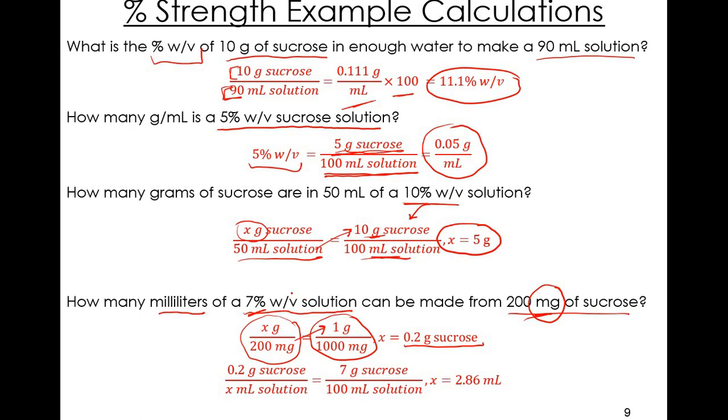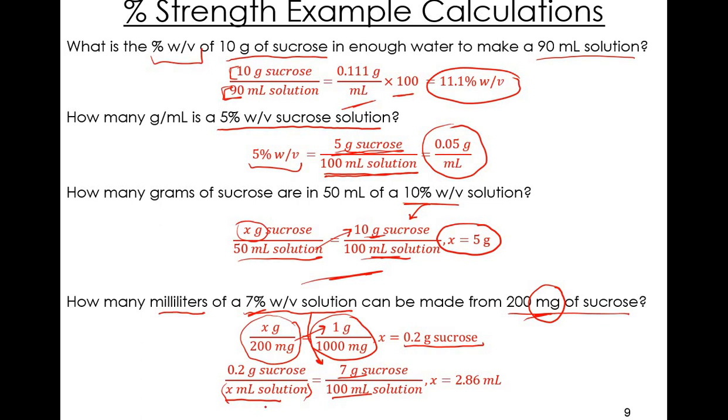Then we can use a proportion, just like the one we did in the previous problem, to find out how many mils of solution that would result in. The 7% is here in fractional form, 7 grams per 100 mils of solution, equal to 0.2 grams of sucrose over how many mils of solution.